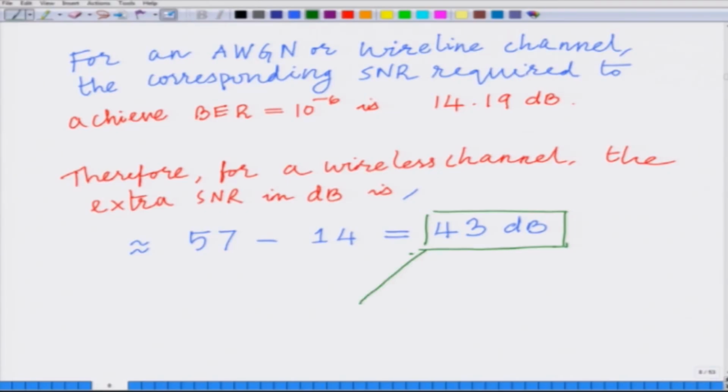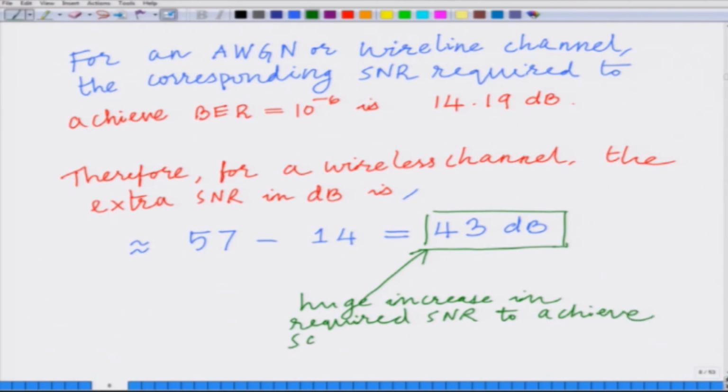So, there is a huge increase in required SNR to achieve the same bit error rate of 10 to the power of minus 6.